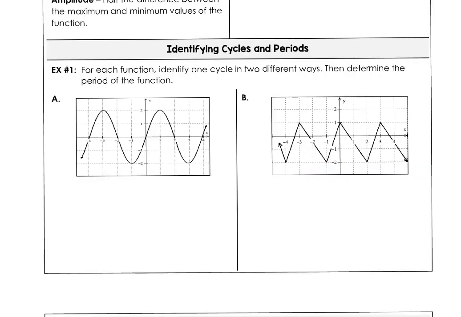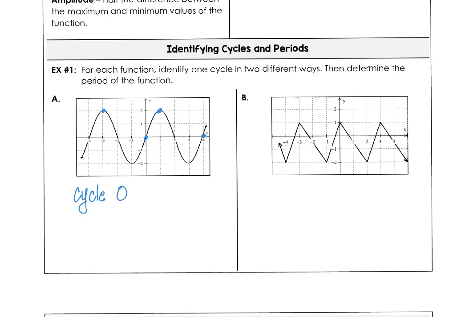In example 1, we want to look at each picture here and identify one complete cycle in 2 different ways. So the cycle in the A version could either start at 0 and stop at 4, or it could start at -3 and stop at +1.